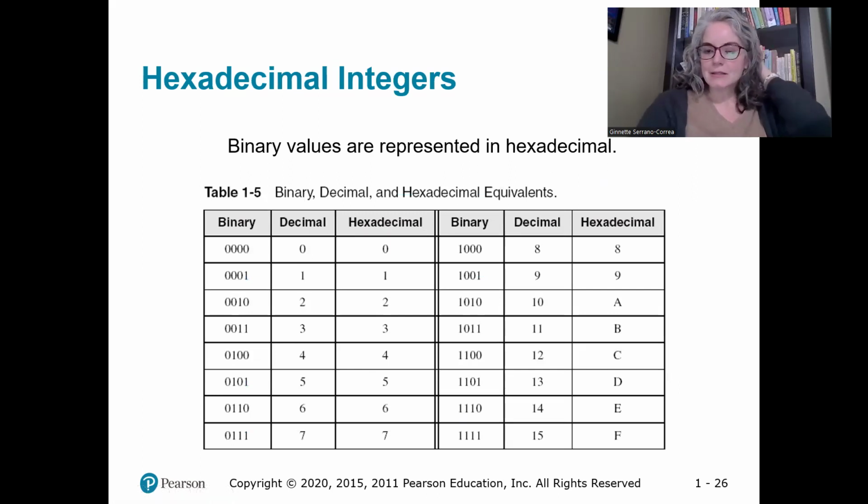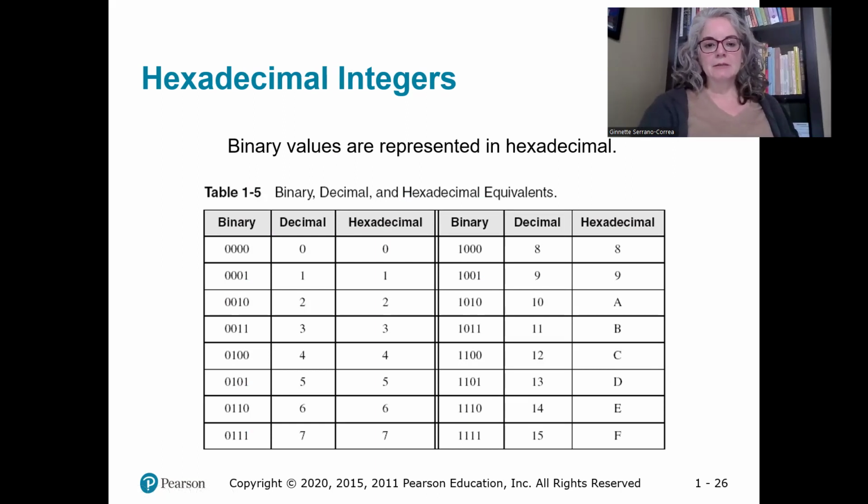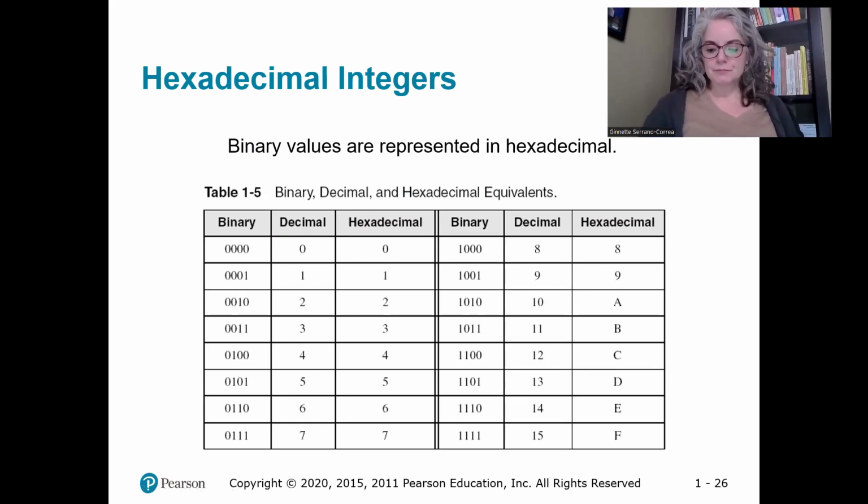Okay, now let's talk about hexadecimal integers. Binary values are represented in hexadecimal. When we start programming, we're going to be looking at something called registers, which is a memory location on the CPU that we can store values.